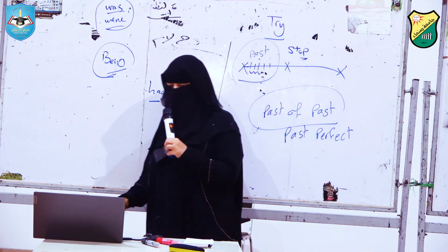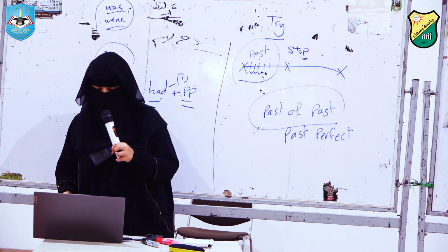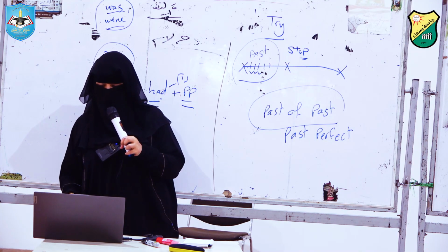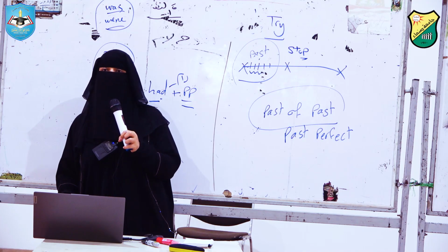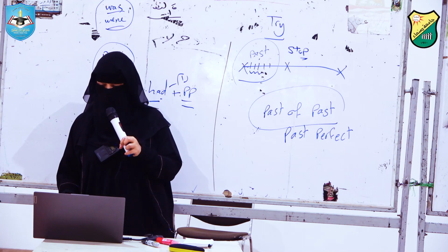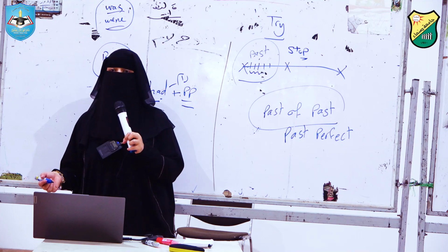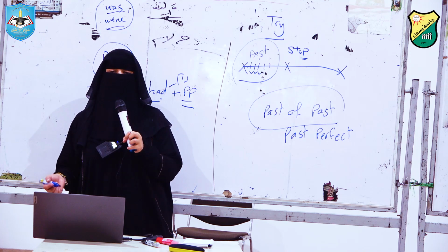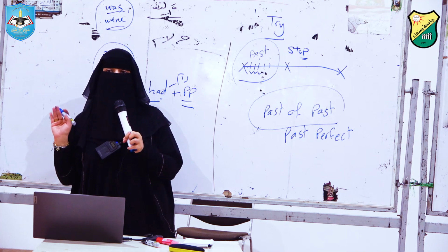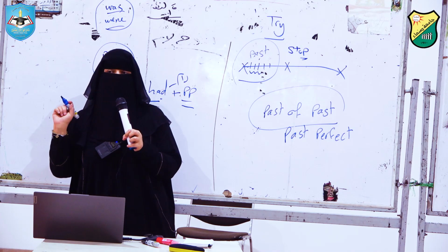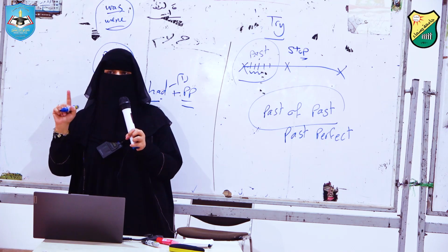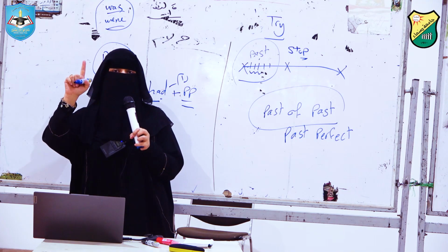Okay, so here you have some sentences. For example, I had gone, I had been, I had finished. So had is telling me it's past, and most of the time I don't use the past perfect as one sentence alone.